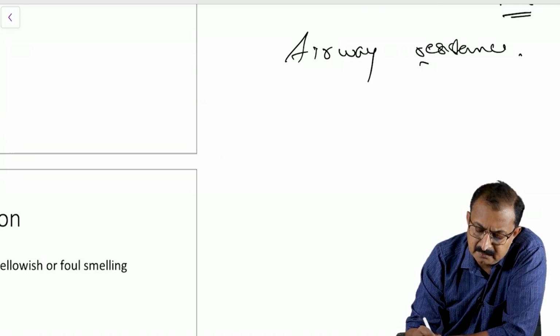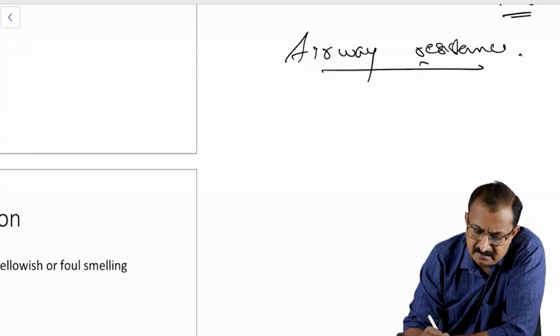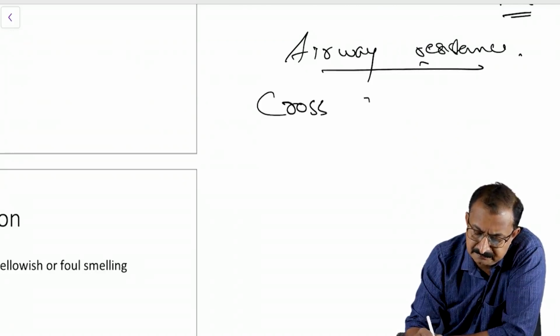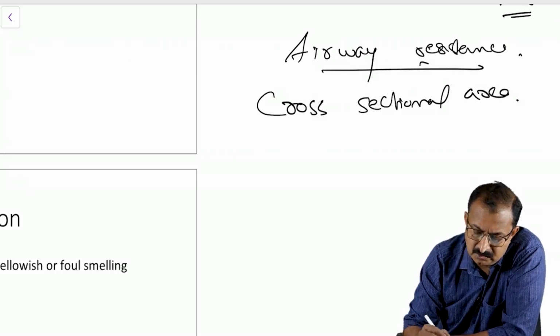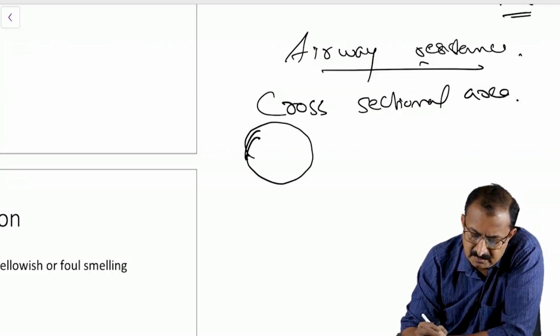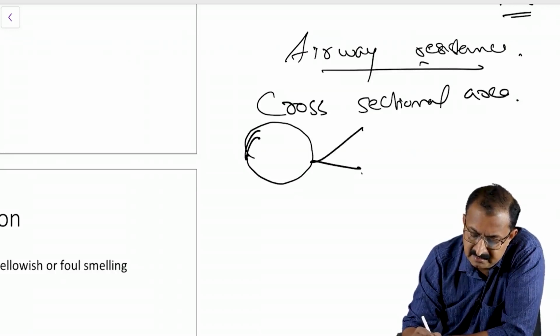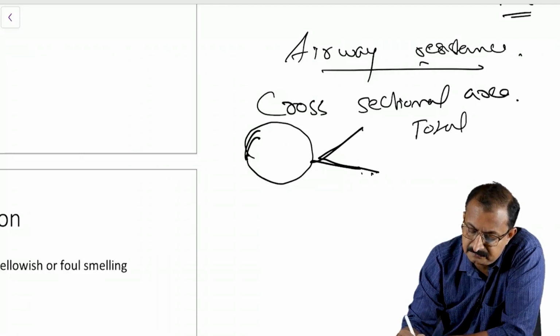You may not agree easily with that, but it is related to the total cross-sectional area. The cross-sectional area of the larger airways is less than the total cross-sectional area of the smaller airways.